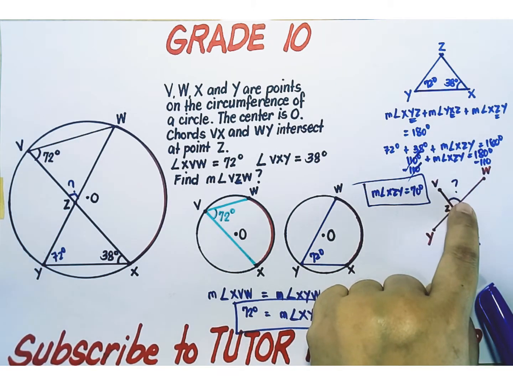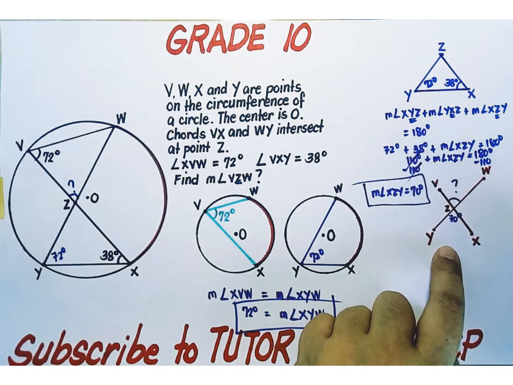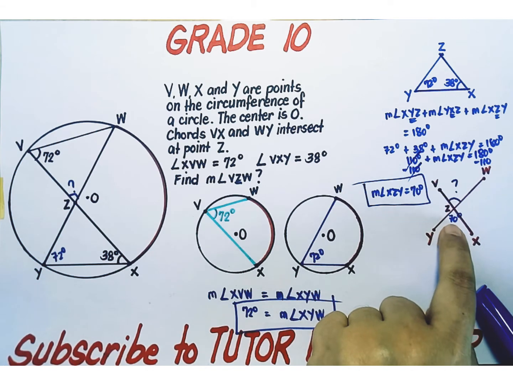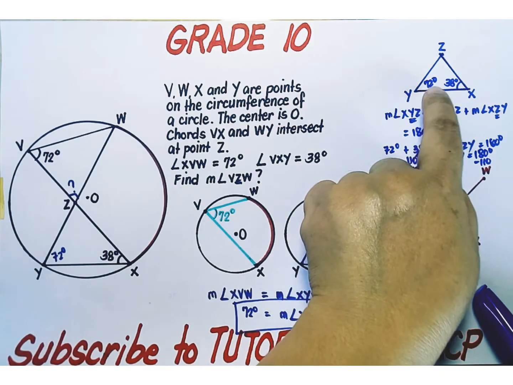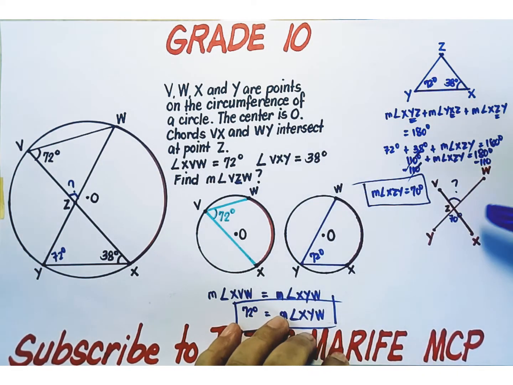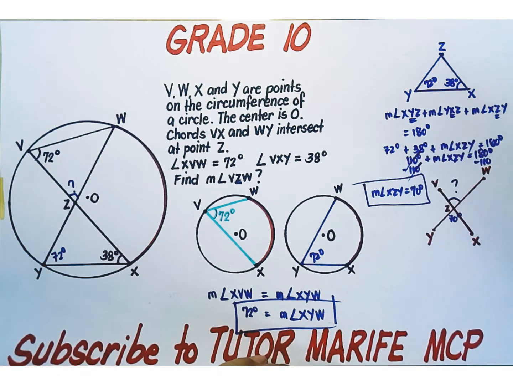This is our main problem, the measure of angle VZW. We have solved the measure of angle XZY, it's equal to 70 degrees. We obtained this value by application of the triangle angle sum theorem in triangle XYZ. Now let's solve for our main problem, the measure of angle VZW, using the vertical angle theorem.